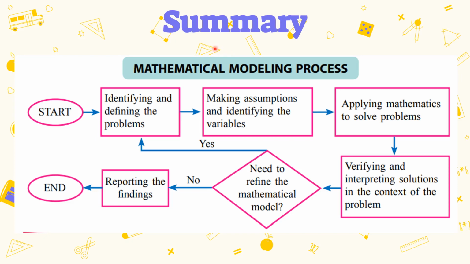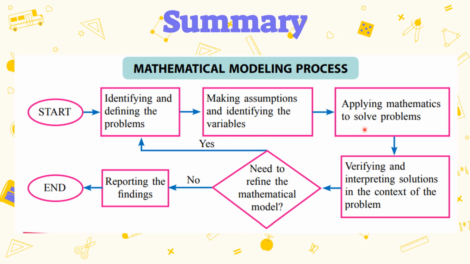So remember, in this chapter there are 6 important components in order to do the mathematical modeling. The first component is to identify and define the problems, meaning that we need to know what information is given and what the question is. Then the second component, to make assumptions and identify what variables are needed to solve the problems.